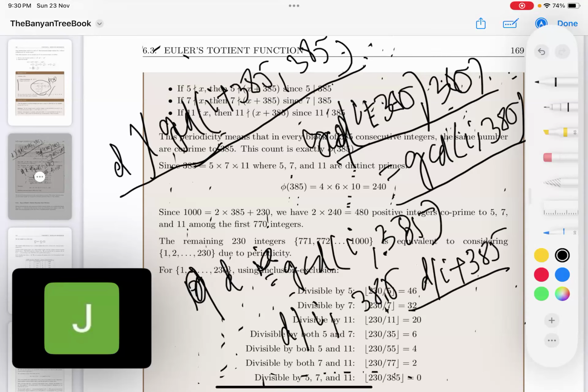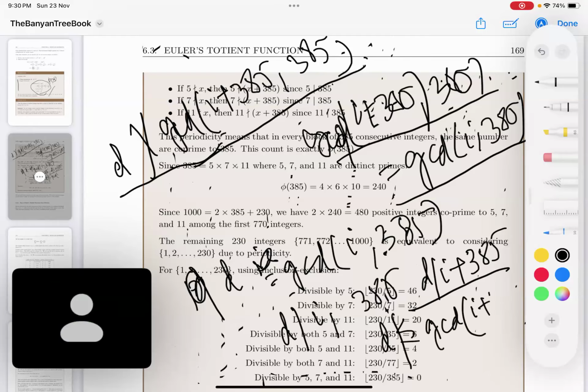Correct? Yes, sir. So D is a common factor, so D is less than or equal to GCD of I plus 385, comma 385.